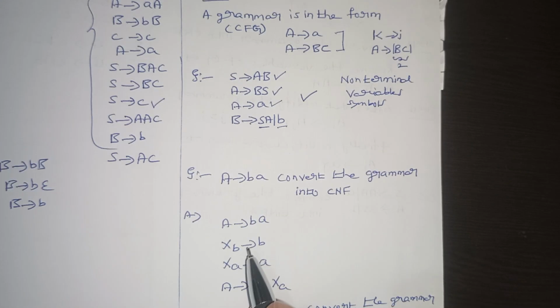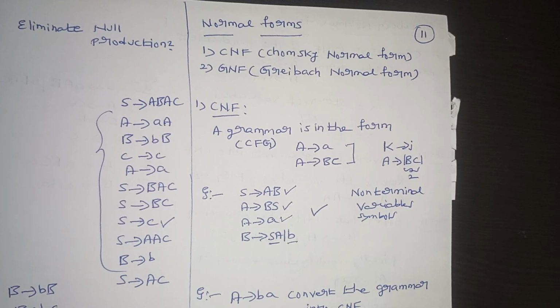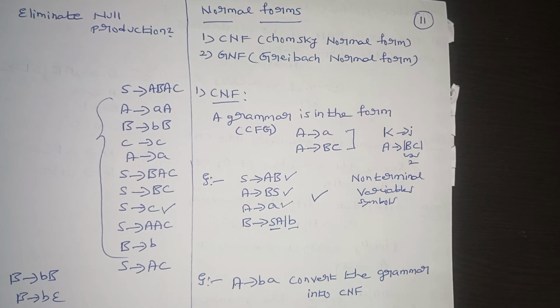One more thing. Before converting into the normal form, you have to simplify the context free grammar. That's what I discussed, the simplification of the context free grammar. What is simplification?